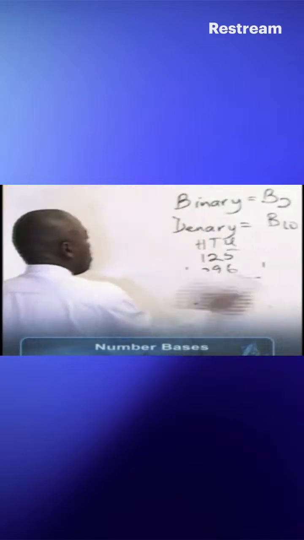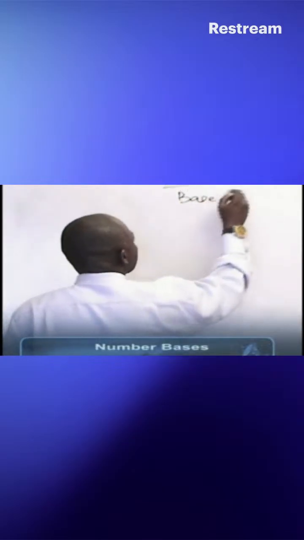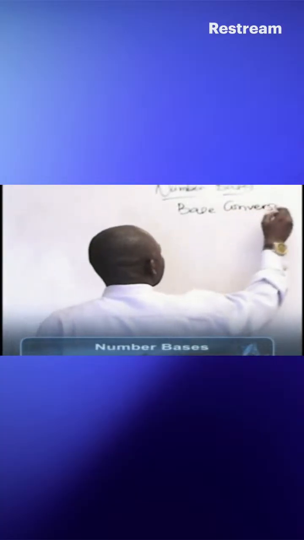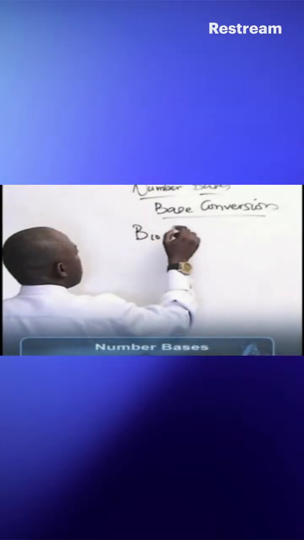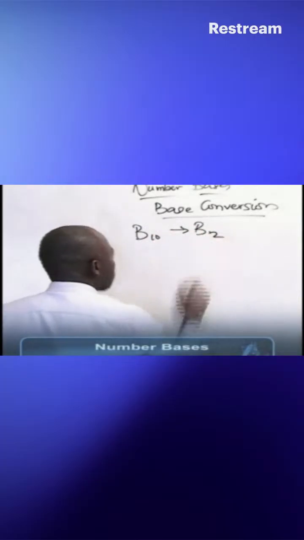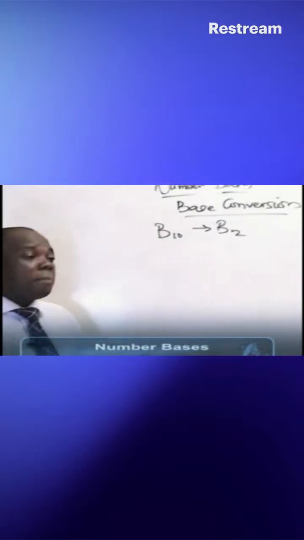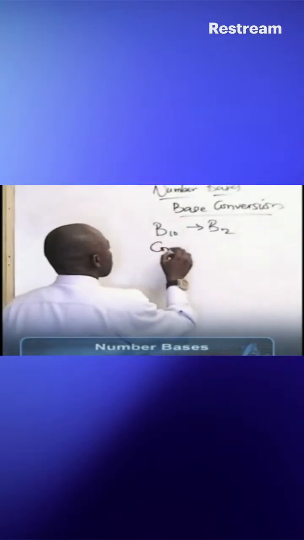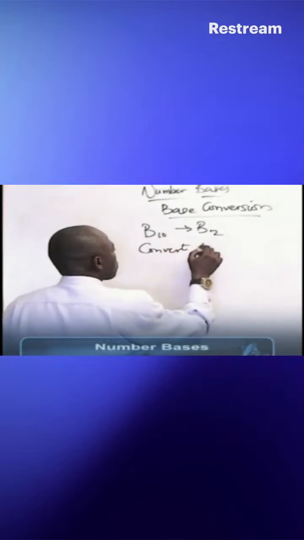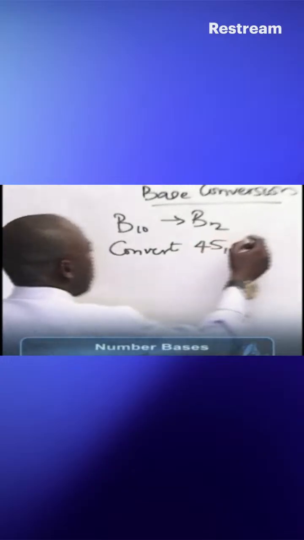The first one we're going to be doing now on number bases, we are looking at base conversion, base 10 to base 2. If, for instance, I ask you to convert a number in base 10, I say convert 45, usually we do not put 10 there, to base 2.